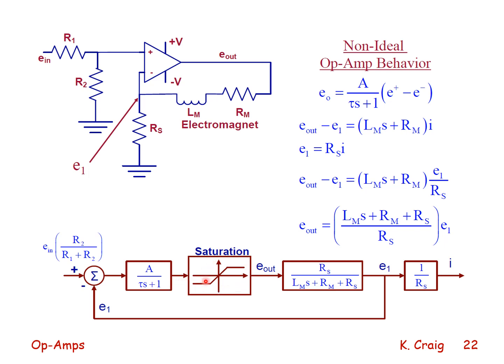The saturation block is meant to show that the voltage is limited to within a small fraction of the plus or minus supply voltages, meaning that the output cannot exceed the plus or minus supply voltages of the op-amp. This then is the transconductance amplifier non-ideal op-amp behavior analysis.